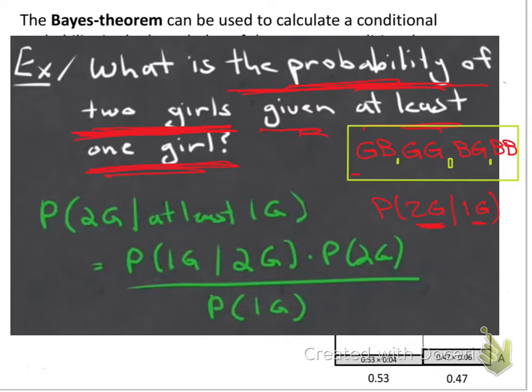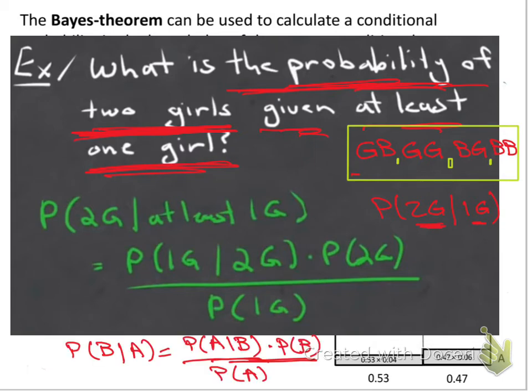If we use the formula which we just derived, the probability of B given A, I can swap them, equals the probability of A given B times the probability of the first one, probability of B, divided by the probability of the second one. Here, can I swap this probability problem?